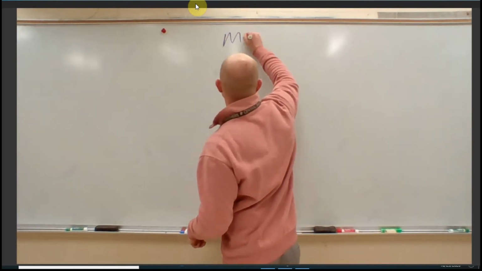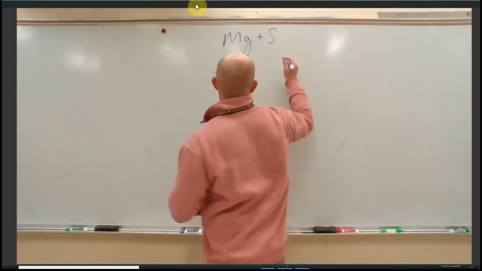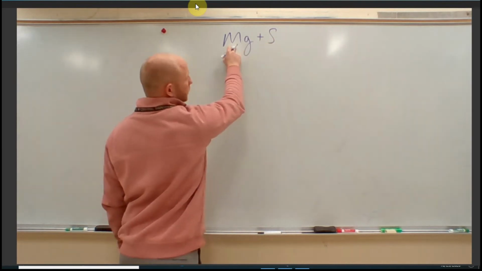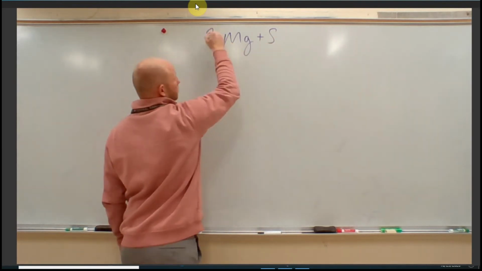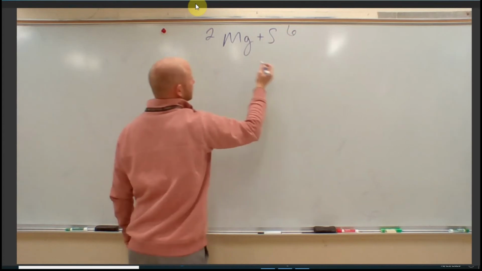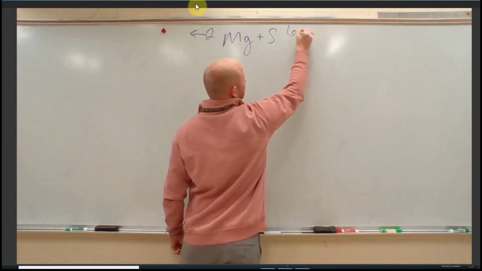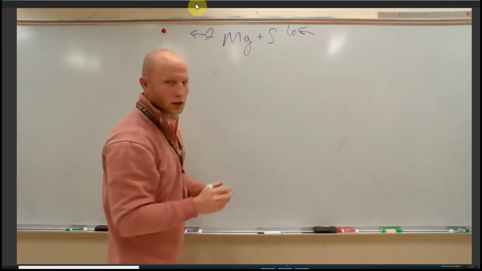So we had magnesium sulfide. Sulfur, we know this is a group 6 element. This is a group 2 element. So we have 2 electrons here. We have 6 over here. We want to give 2 electrons, and this guy wants to take 2 electrons.